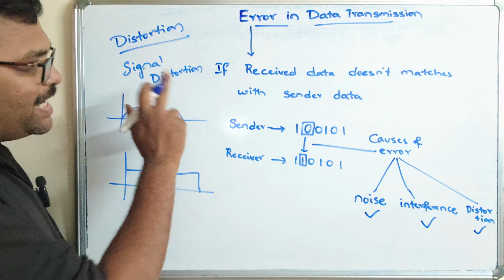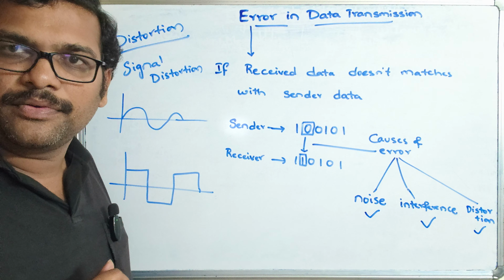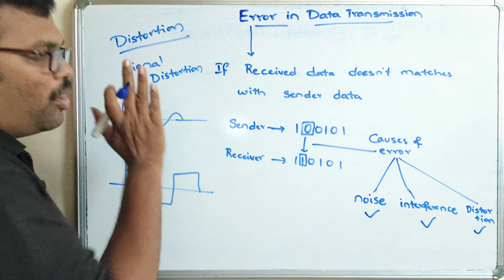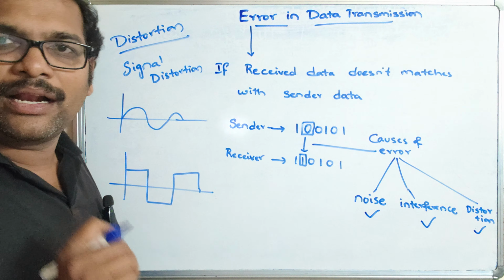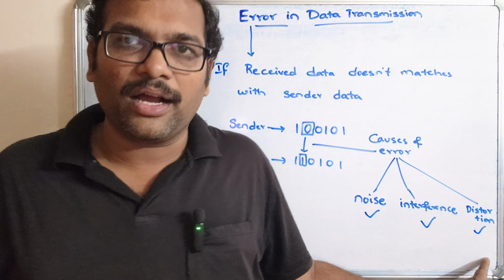Such a case we call signal distortion. So this is the third cause of occurring error.